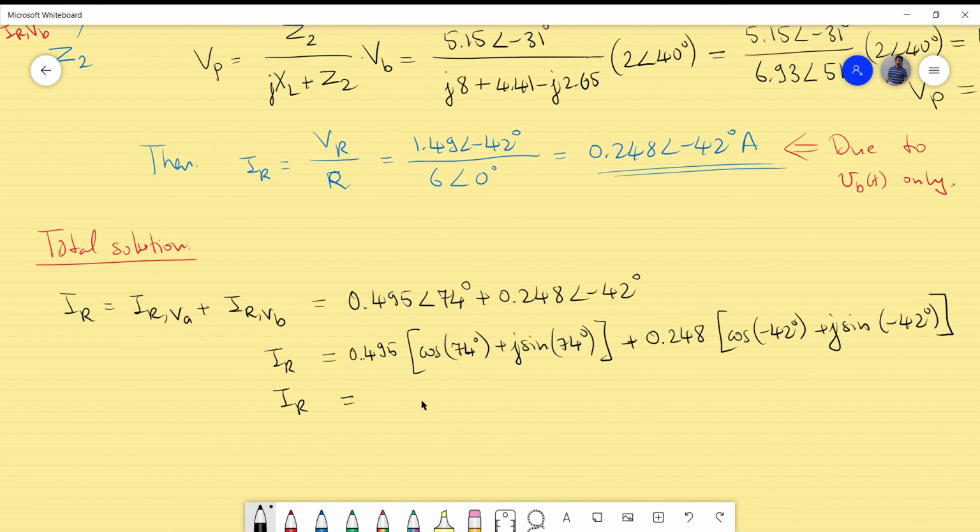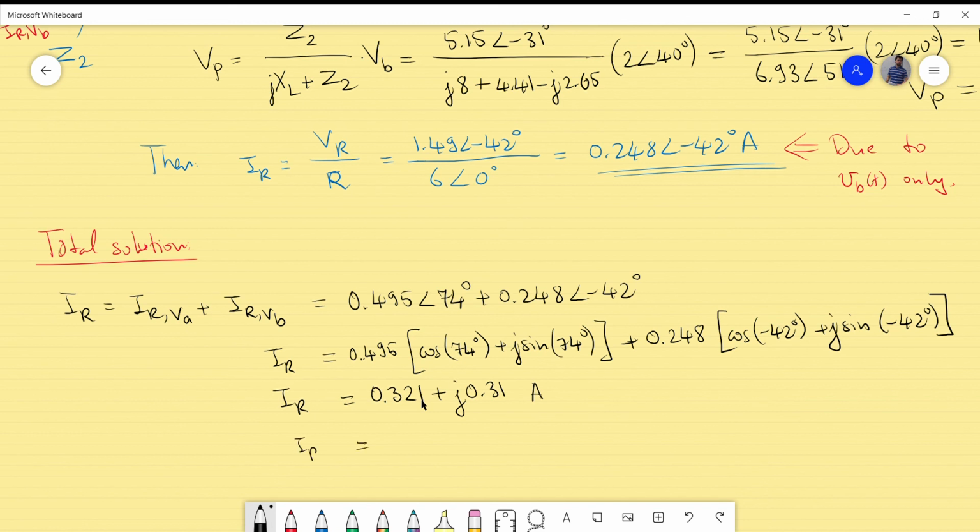Now, if you work this out, for the real part you have 0.321, and for the imaginary part you will have plus j 0.31. It's of course in amperes, and I would like to convert this to the polar representation. How do I do that?